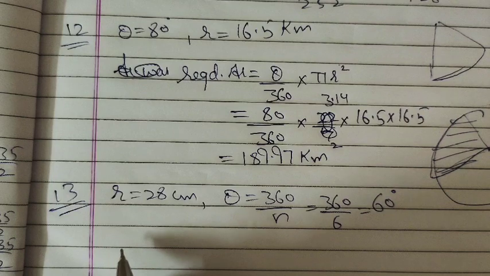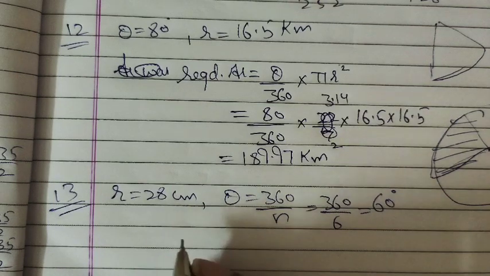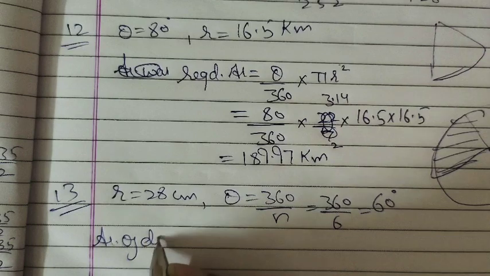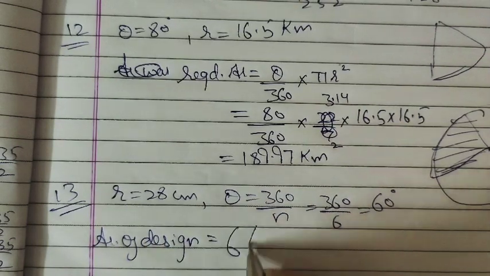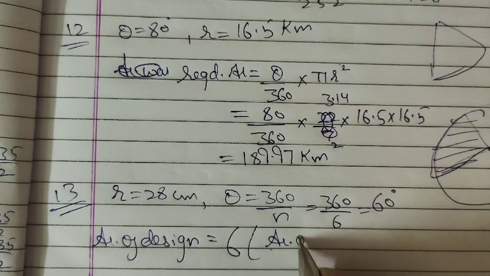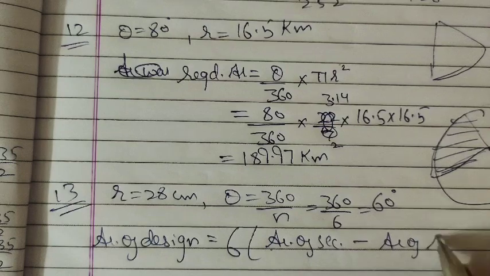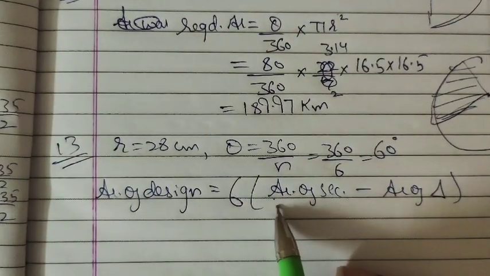Theta is 60 degree, radius is 28 centimeter. Now we have to find out the cost of the design. So first, for that you have to find out the area of the design. Now 6 designs are there, so 6 bracket area of sector minus area of triangle, because 6 multiplied by area of segment we have to determine.